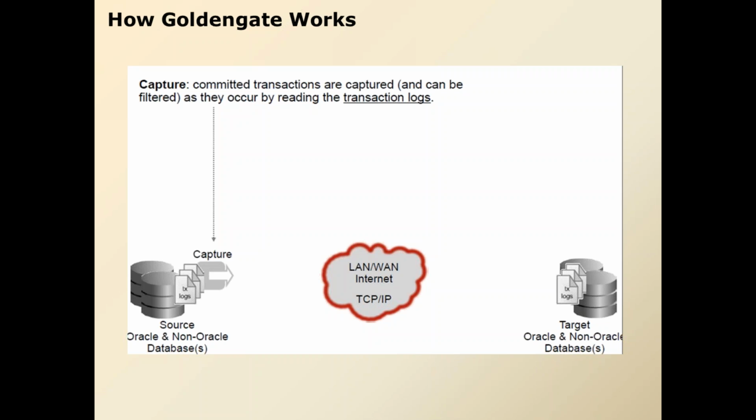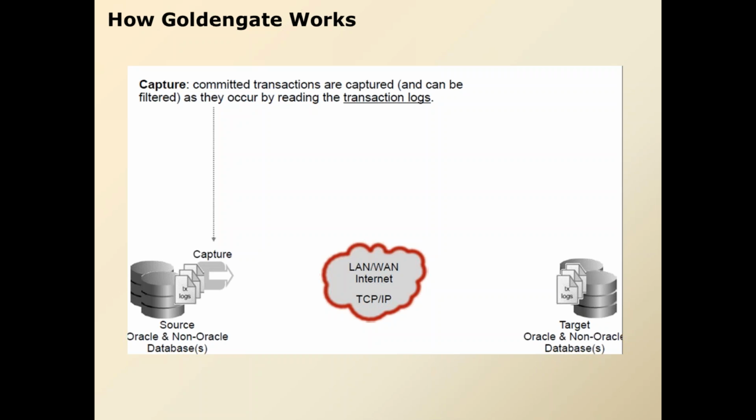Once you do any DML or DDL changes, all changes will be recorded into transaction logs, that is redo logs in case of Oracle. And once the changes are recorded into redo logs, you configure your GoldenGate capture process.